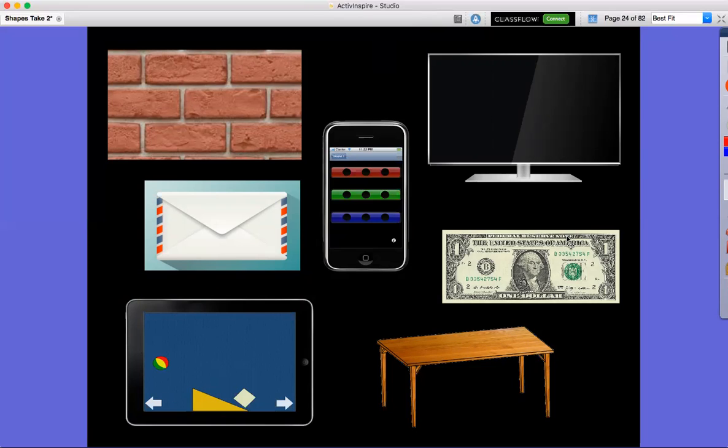A dollar bill is the shape of a rectangle. And look at this table. Is that a rectangle? Yeah, that's a rectangle. Okay, so look around. What other things do you see that might be rectangles? They look kind of like stretched out squares, straight lines.